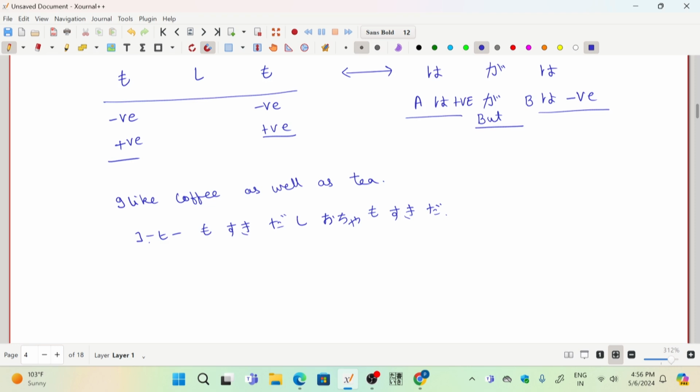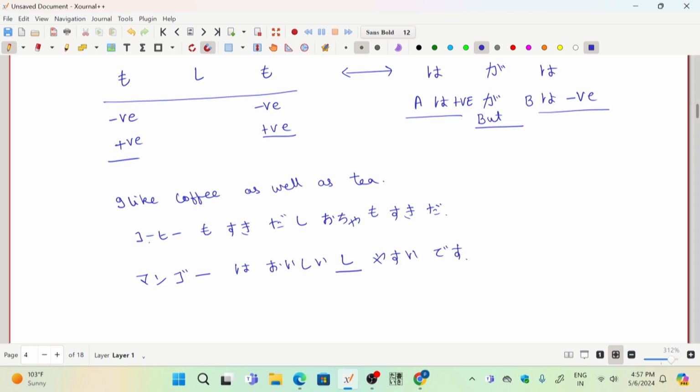Next we can make another sentence about some fruit. Maybe in India mango is cheap also and tasty also. So mango wa oishii shi yasui desu.